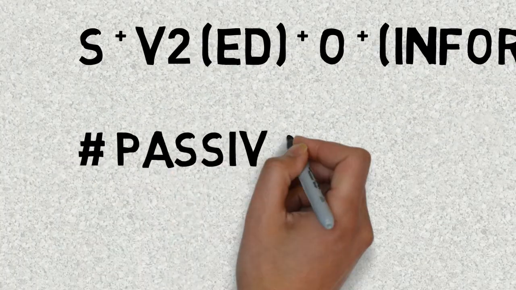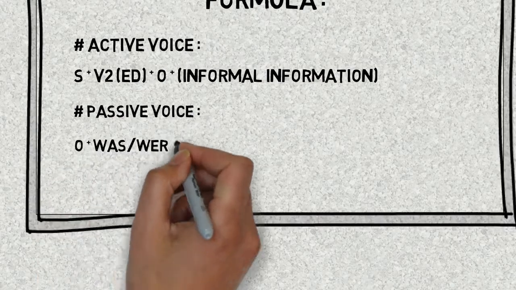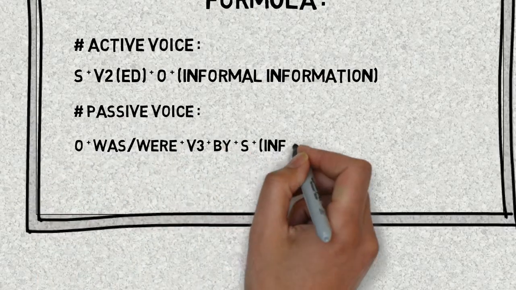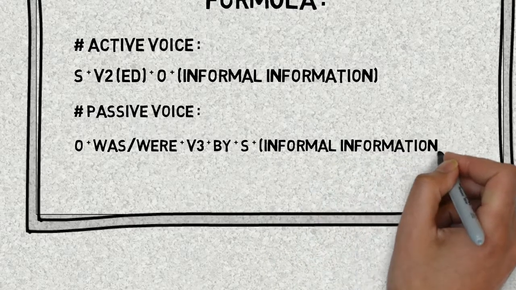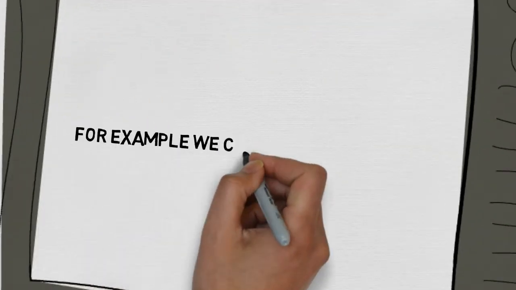And for the passive voice is object plus was or were plus verb 3 plus by plus subject plus informal information. For the example we can see from this video.